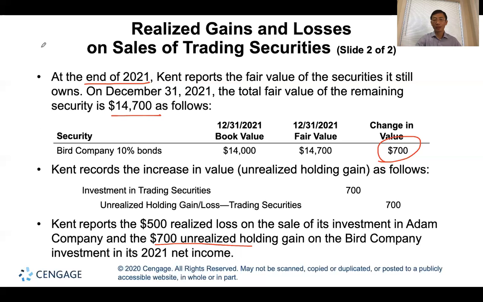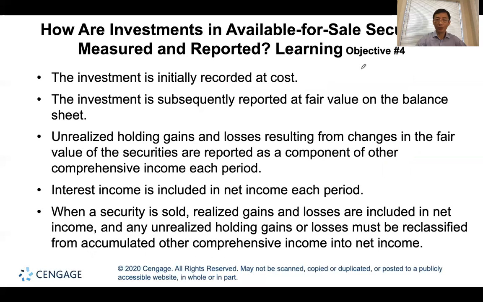So that's the three procedures. Remember, the interest income and unrealized gains and losses for trading security go directly to net income, using the credit or debit unrealized holding gains and losses. Another security is available for sale.